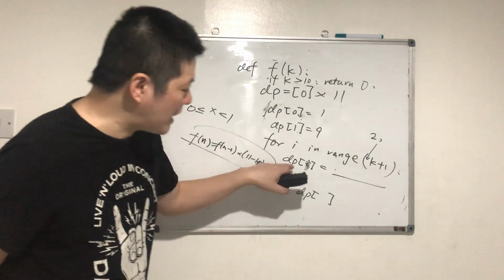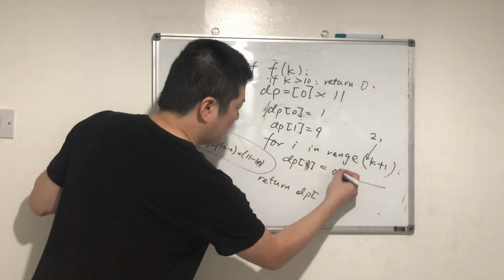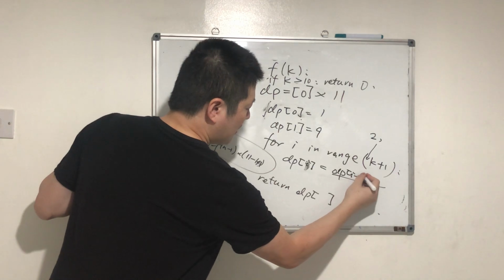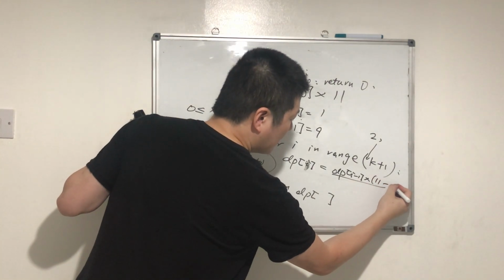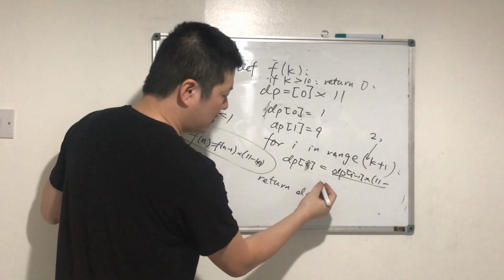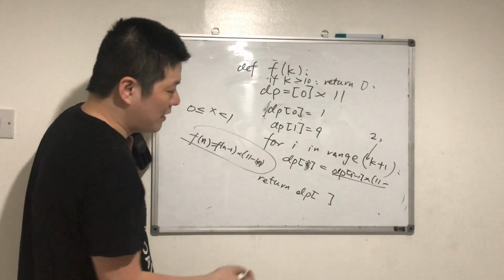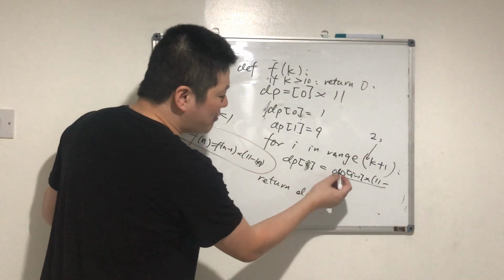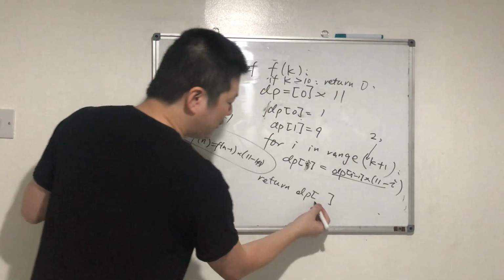So dp[i] equals dp[i minus 1] times what? Come on, you're not guessing. And then return dp what?